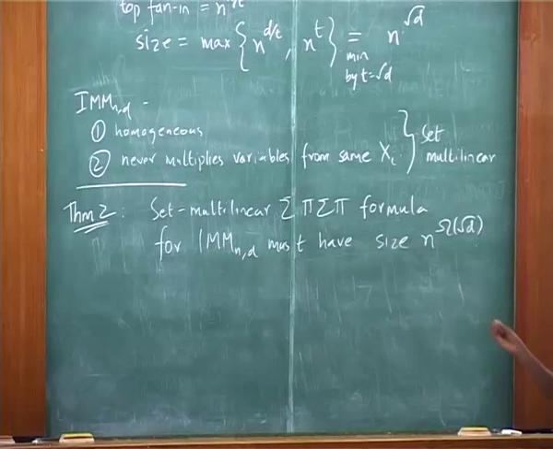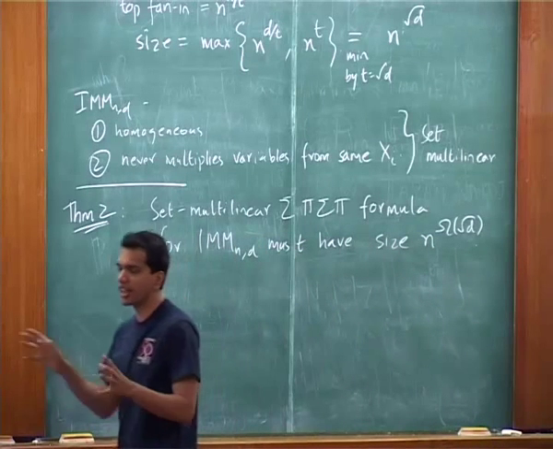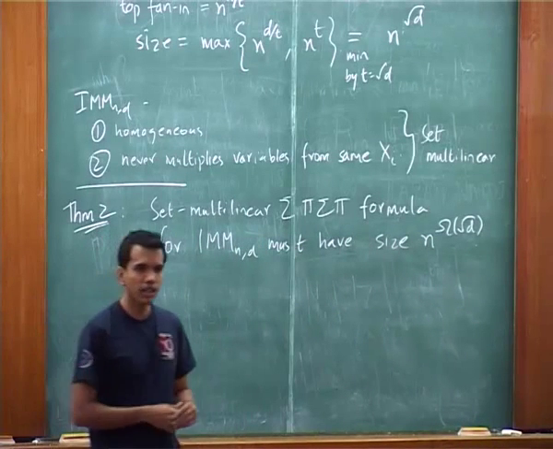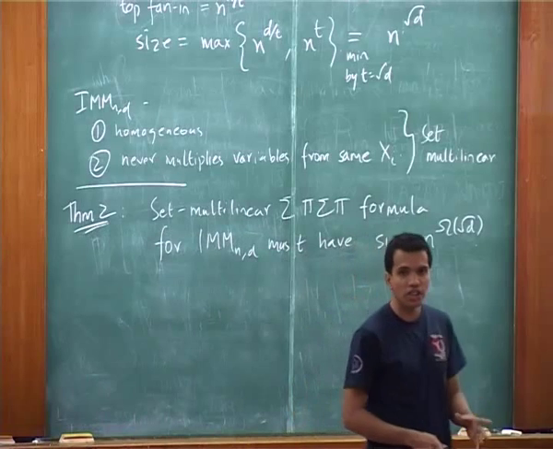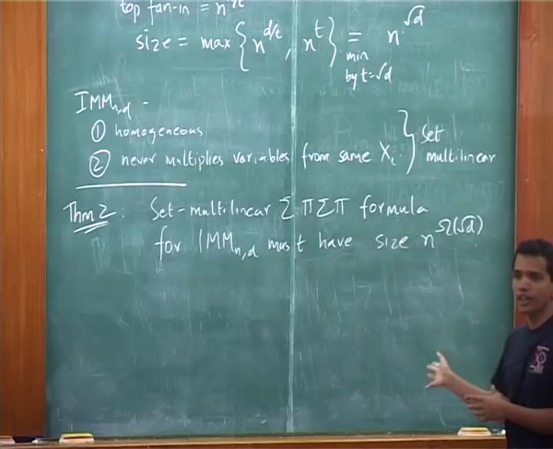So note the difference between theorem 1 and theorem 2. Theorem 1 is in some sense a stronger model because you don't enforce set multilinearity. You don't even strictly enforce homogeneity except for these fan-in bounds. Here you enforce both homogeneity and set multilinearity, but on the other hand you don't enforce fan-in bounds.